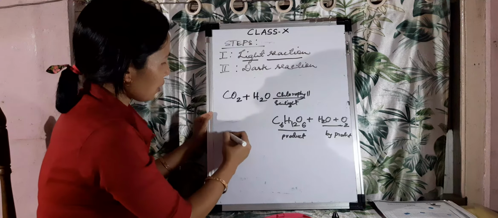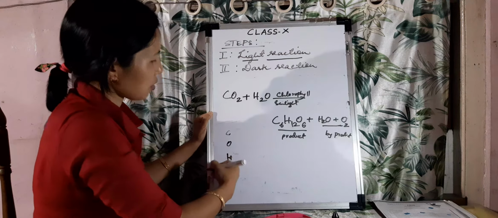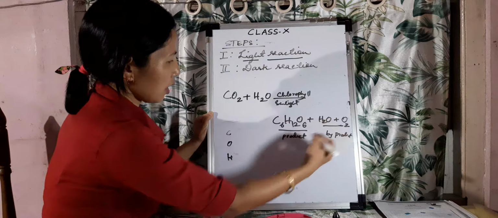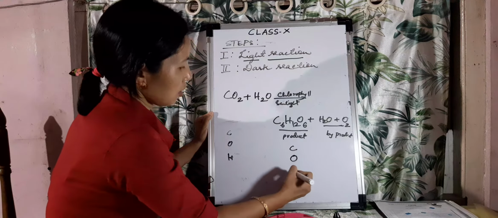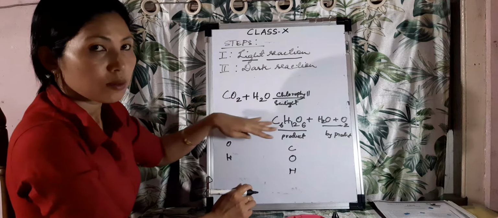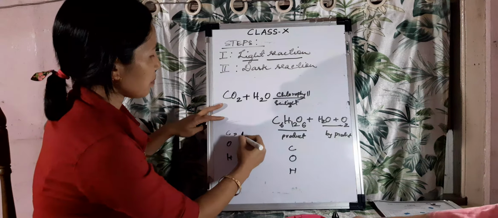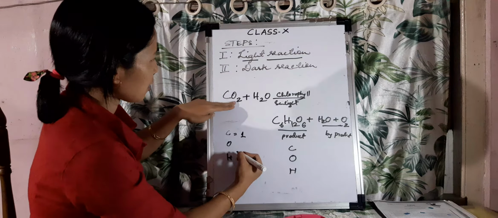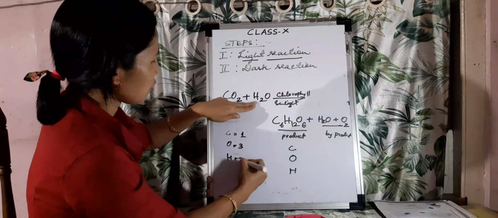On the left hand side we have the elements carbon, oxygen and hydrogen. On the right side we have the same: carbon, oxygen and hydrogen. Before balancing, the carbon is 1, oxygen is 2 plus 1, which is 3, and hydrogen is 2.